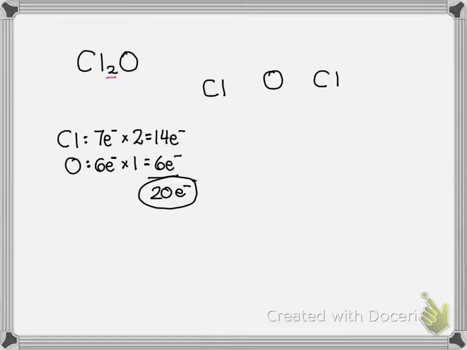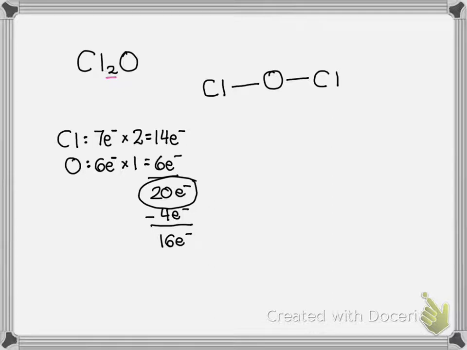So now we need to work on the Lewis structure. The first thing we would do is draw single bonds between the elements. So I draw a single bond here and a single bond here. Now that uses 4 electrons, so I still have 16 electrons that I need to use to complete my structure.